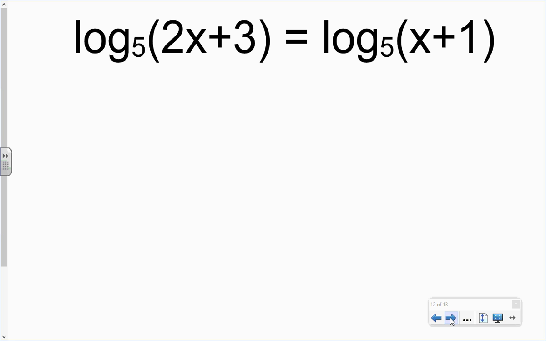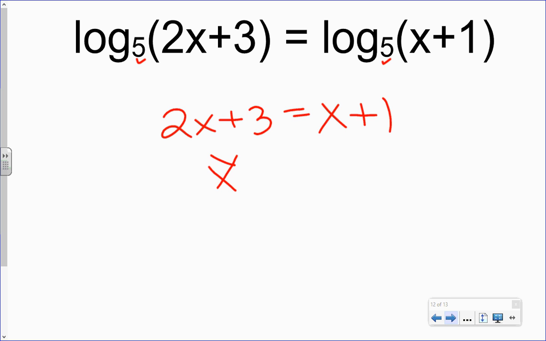They are equal. So if we have equality and we have the same base, what's true about the insides? Then the insides are equal. It's one of those things. Sometimes it seems too simple, right? So what do we have? We subtract this over, x equals -2.